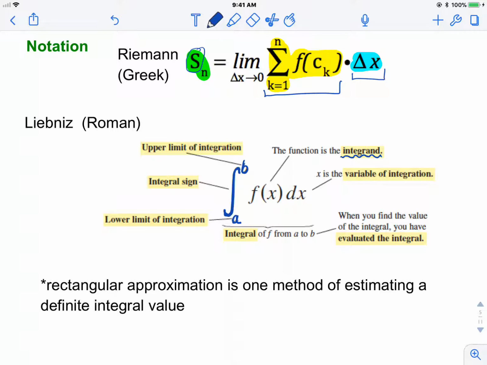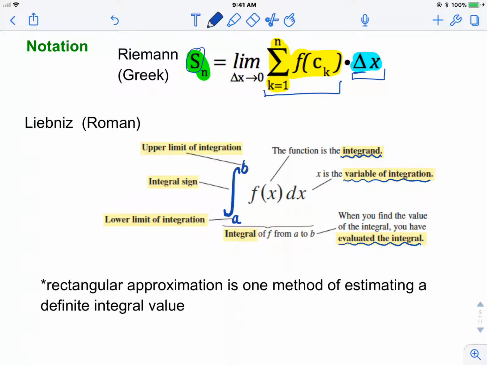And that would be all the heights for our rectangles. And then dx is really just a shift off that delta x. That's our change in x. That's really our base lengths. And it's often called the variable of integration. Along that axis, what are we calling the lengths of the bases of those rectangles? When we evaluate this and get a number, then it'll be said that we evaluated the integral.